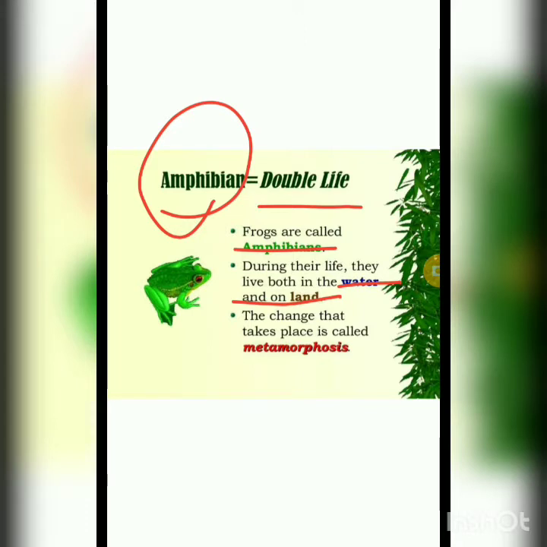So those animals are known as amphibians, and frog is one of those animals which is an amphibian. Frog lives both in the water and on the land. So therefore frog is an amphibian. Okay. Now we are going to study about the life cycle of the frog.